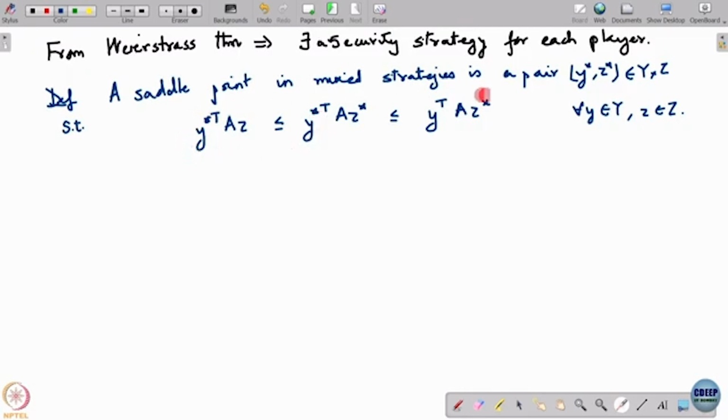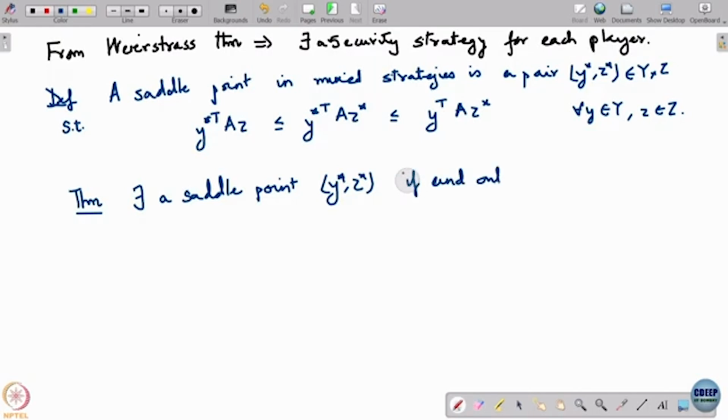Okay, so we have now defined a saddle point in mixed strategies, and as before, there exists a saddle point y star, z star if and only if Vm upper bar is equal to Vm lower bar.